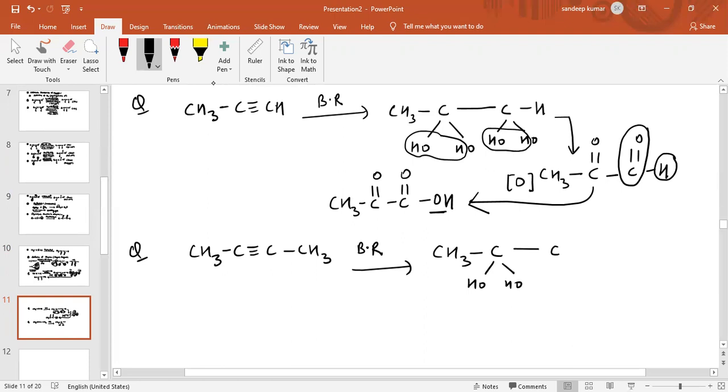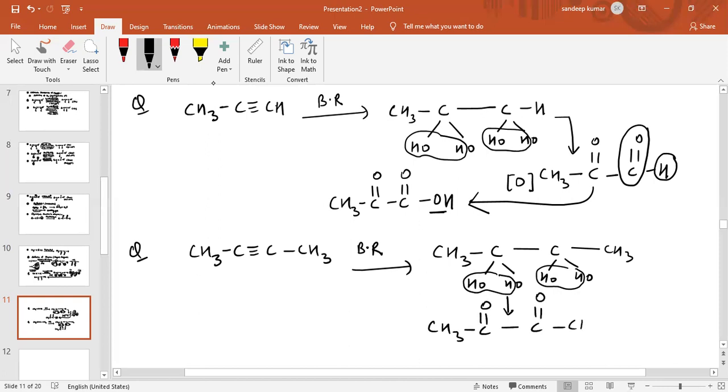Again on this carbon atom also OH groups. Now see, and this is CH3. See now what happens. Water will be removed because 2 OH groups on the same carbon atom is unstable. So from this water will be removed. Now it will convert into CH3 C double bond O C double bond O CH3.